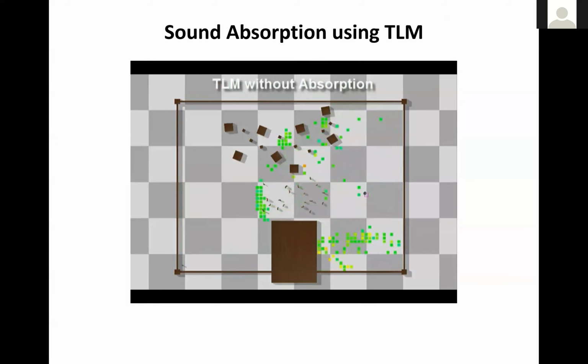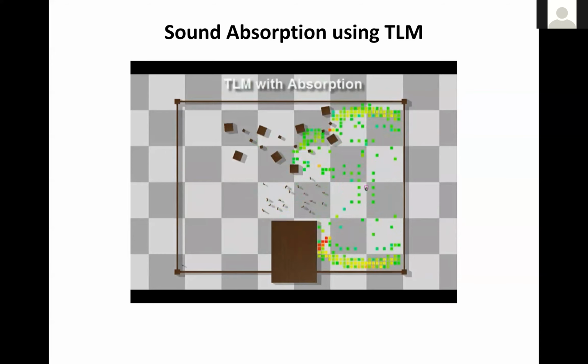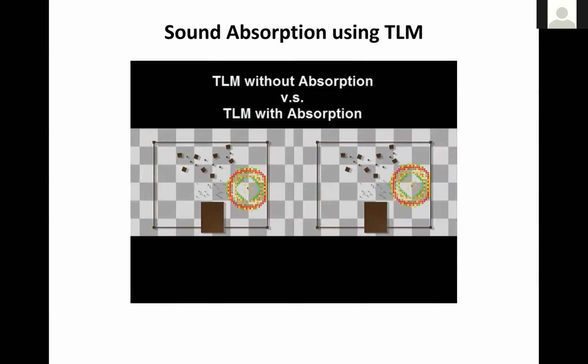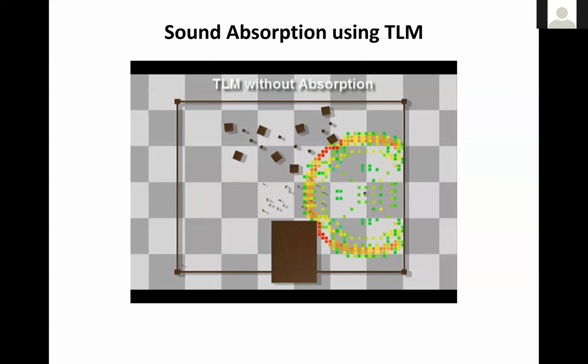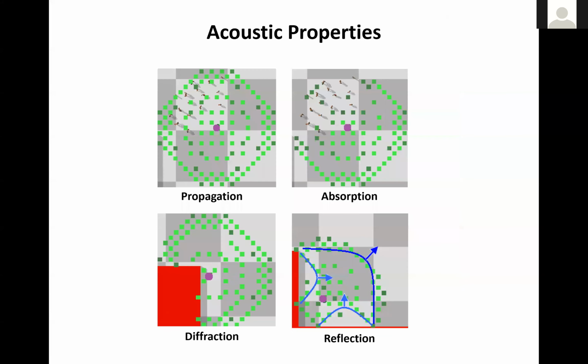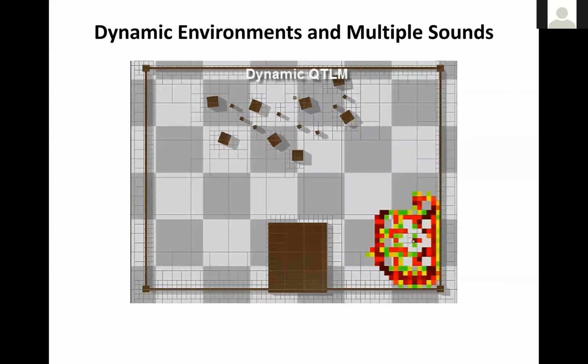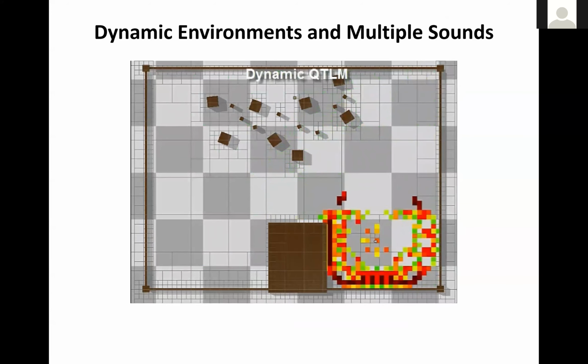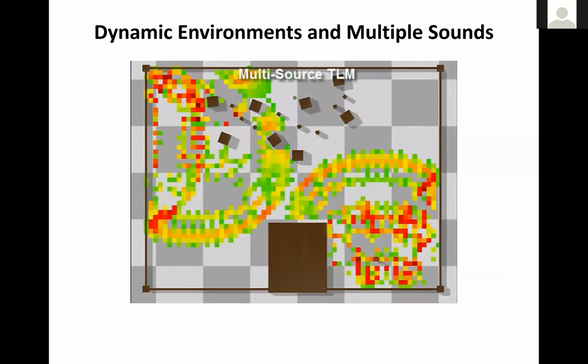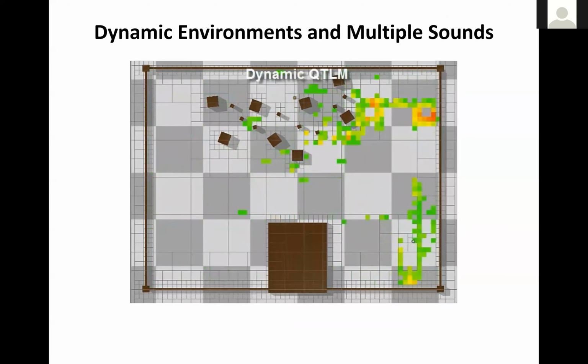As I mentioned, our framework is able to use the sound propagation model to capture different acoustic properties, including absorption, diffraction, reflection, and so forth. It can also work for dynamic virtual environments, where there might be multiple signals that might convolve and confuse one another.